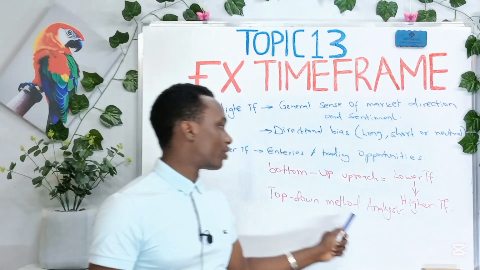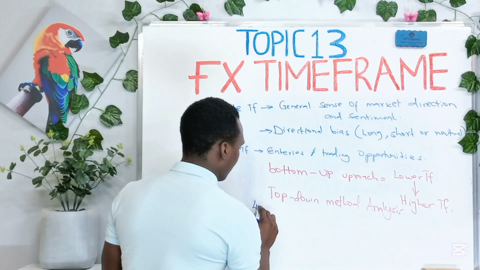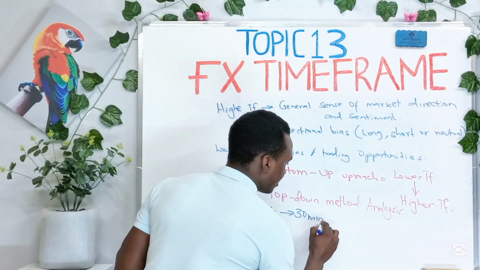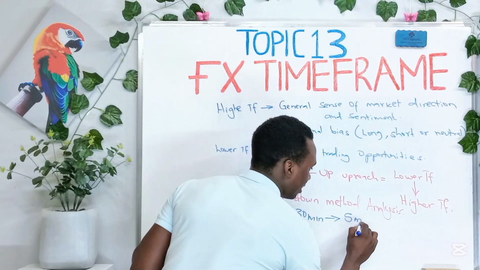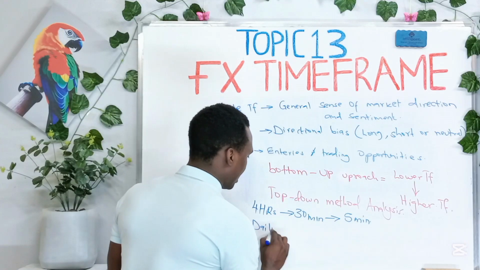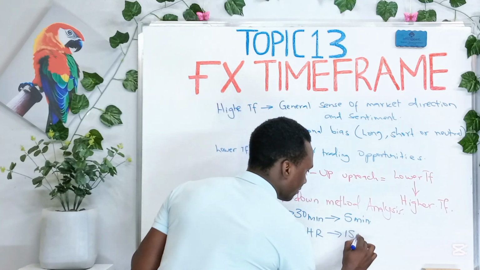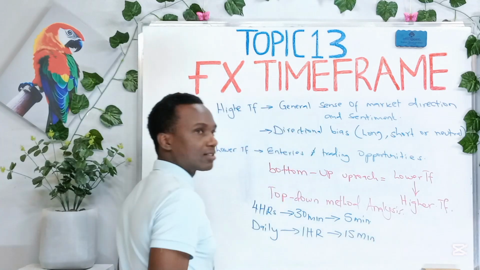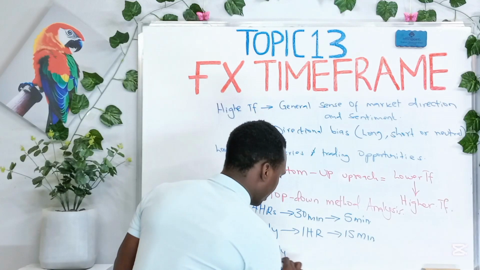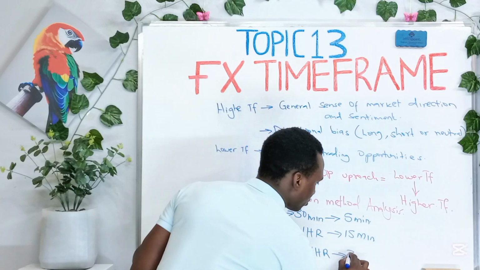With the top down method, we may start from the 4 hour, go down to the 30 minutes and down to the 5 minutes for execution. Or start from the daily time frame, go to the 1 hour and then to the 15 minutes. Or you can go from the weekly down to the 4 hour, and down to the 30 minutes.